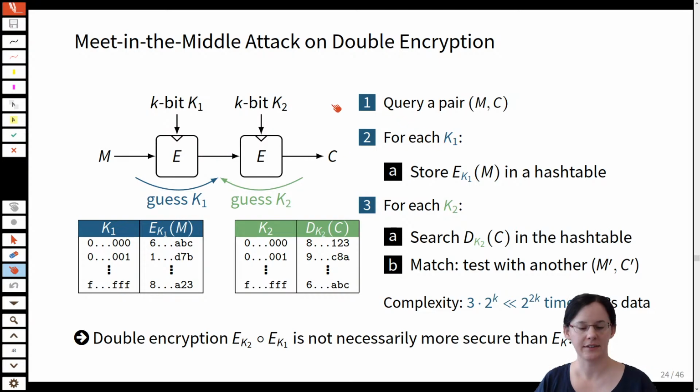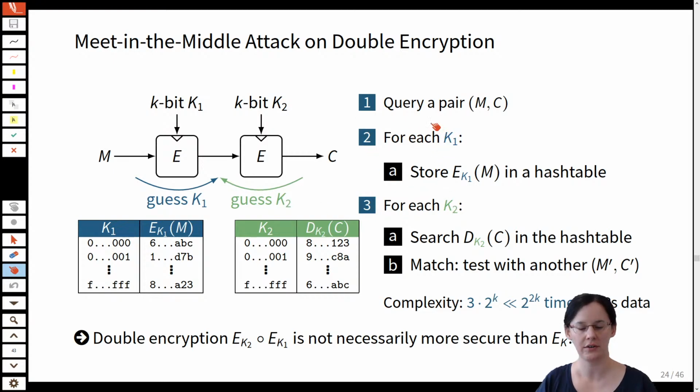And I start by first querying or somehow obtaining one message ciphertext pair. What I can do now is I can try every possible value for k1, encrypt the message with it, and store the intermediate result here in some table, for example in a hash table. And I do the same thing for every possible key guess from here to here.